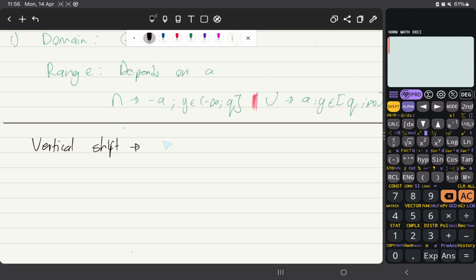With the vertical shift, this is what we have. I'm gonna write it like this: y equals a(x plus p) squared plus q. This is a parabola you have, and then they tell you that your parabola shifted 4 units downwards. So on your graph you're gonna shift it 4 units downwards.